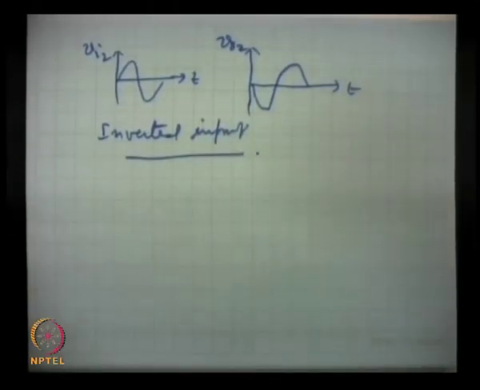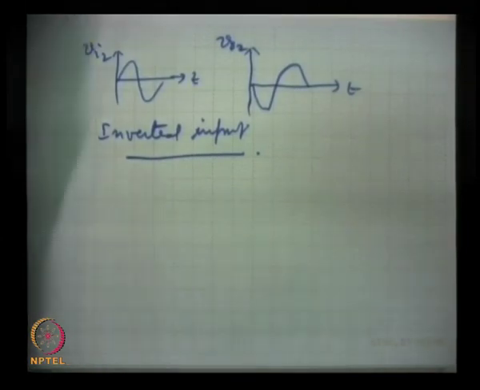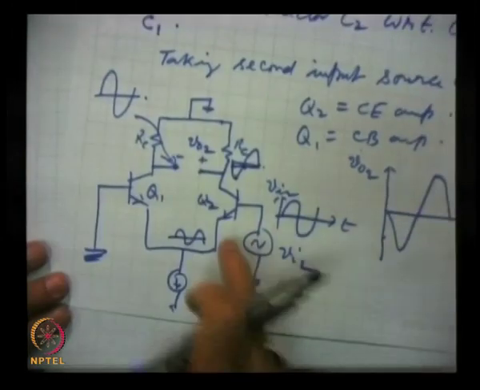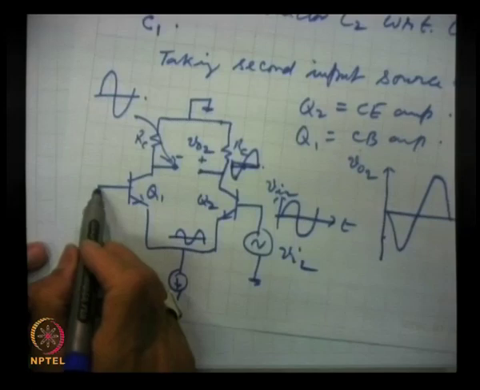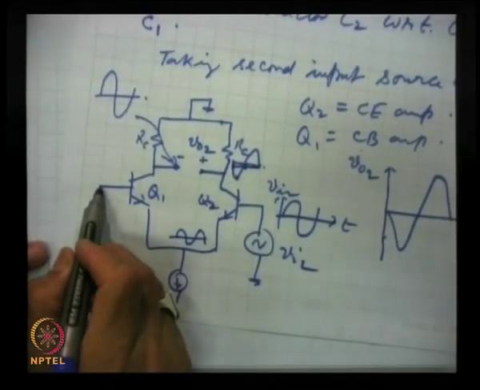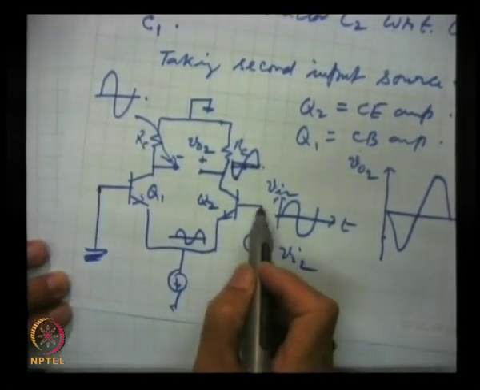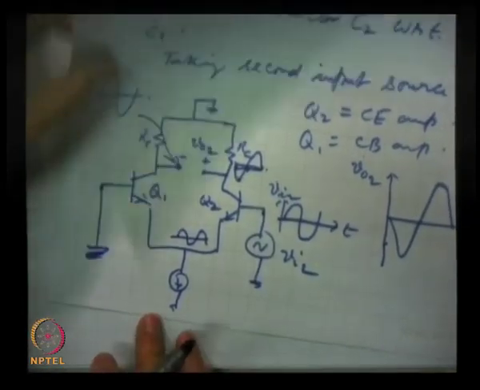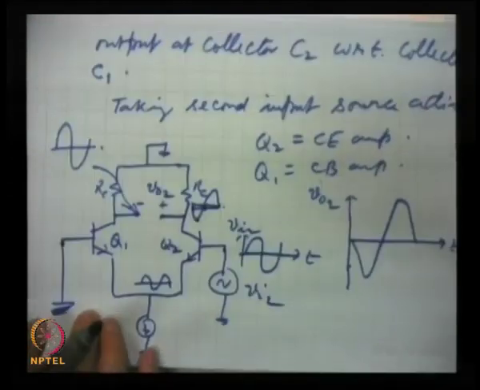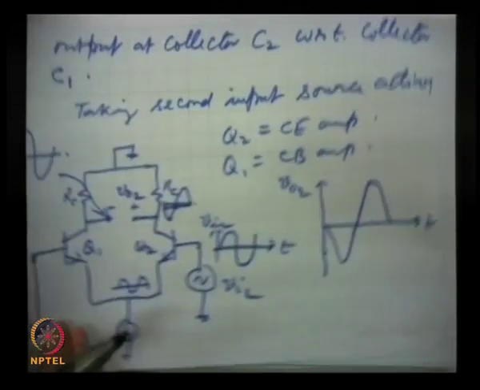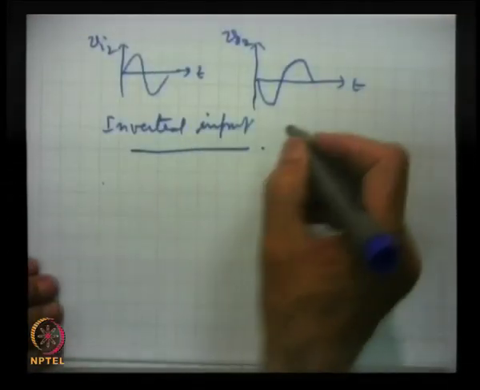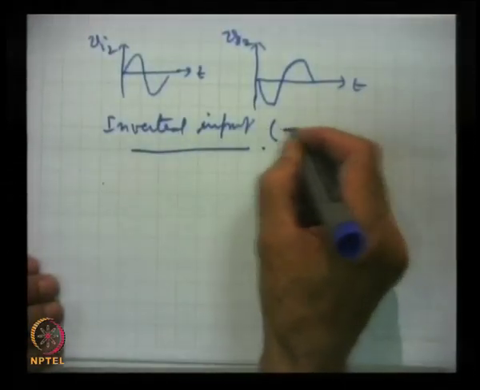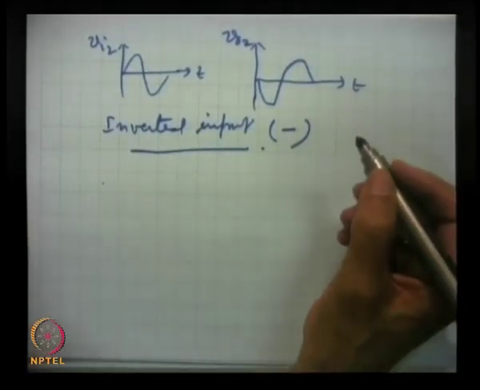One is a non-inverted input. Out of the two inputs, this input is the non-inverted input, and this is the inverted input. This we will remember, and they are actually marked, the inverted input with a minus sign in the circuit diagram.